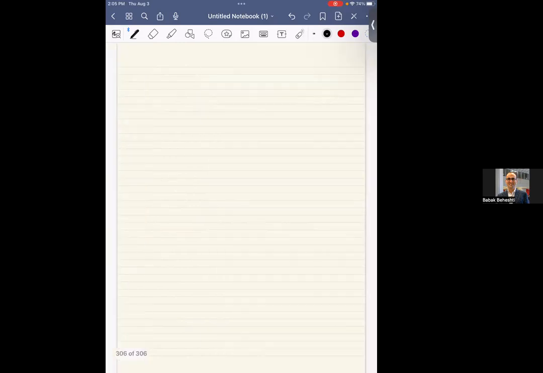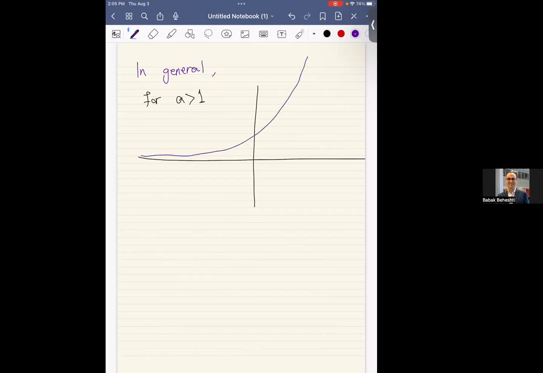So in general, if a is a positive number, then for a greater than 1, a to the power x is somehow similar to 2 to the power x.